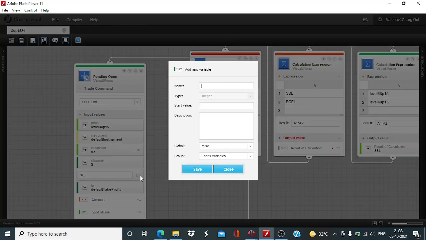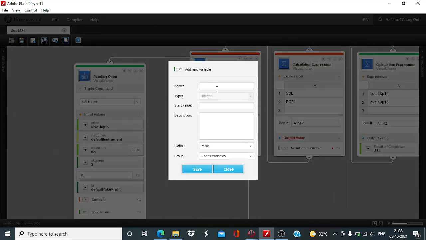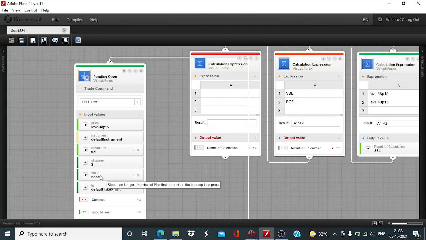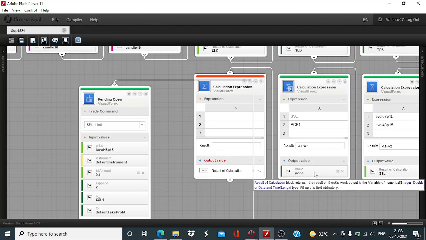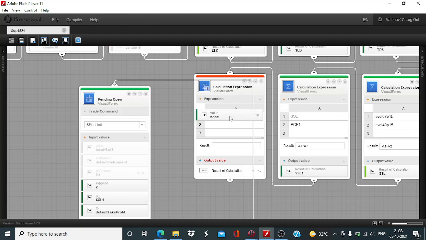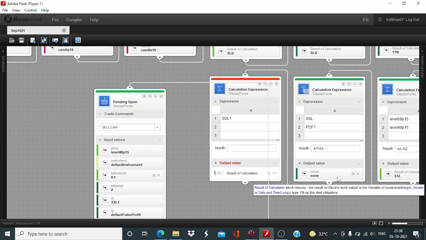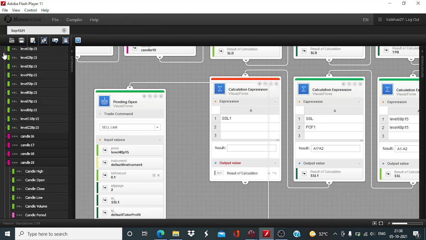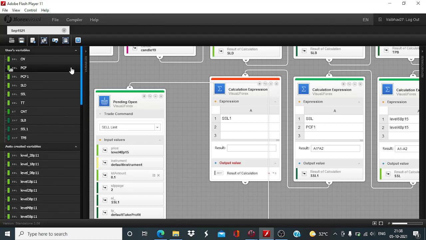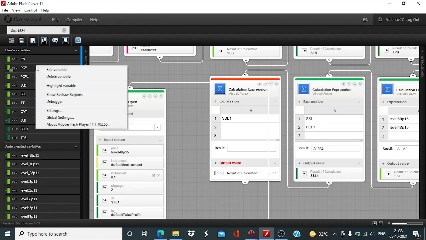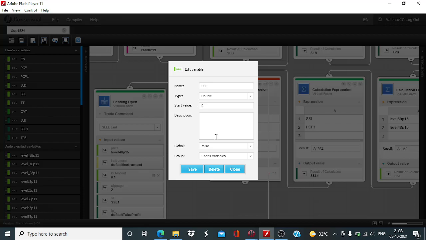I will create the variable here and we will assign it to this calculation. And then whatever is the stop loss, we take twice of it as the take profit. So we simply take this output value and multiply it with 2. This variable carries the value 2.